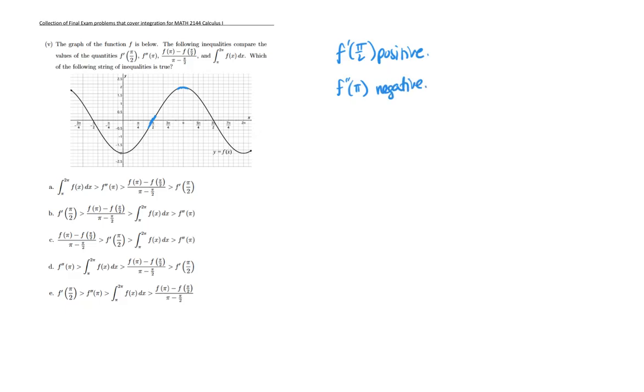And then f of pi minus f of pi over 2 over pi minus pi over 2, that will be this slope of the secant line, right? So it's going to be a slope. It's going to be positive, but it's going to be less than this one.